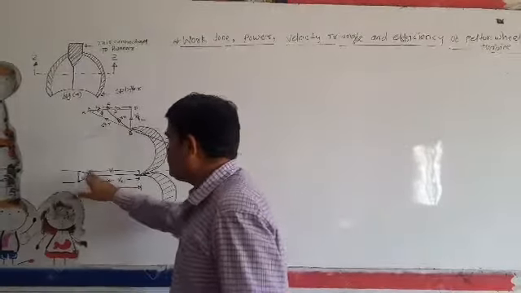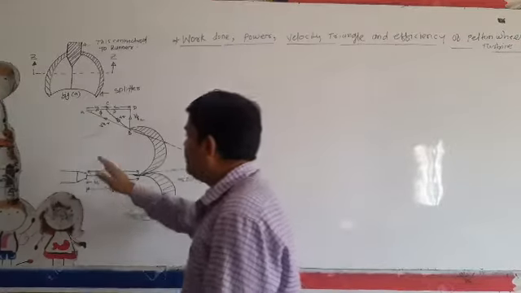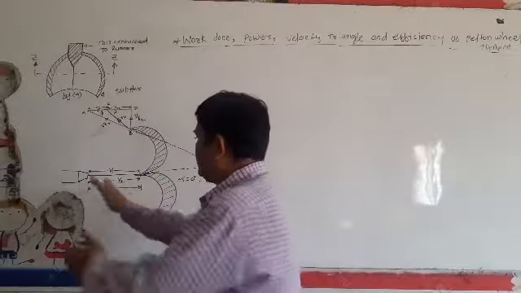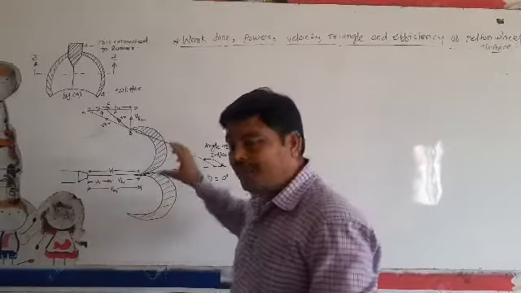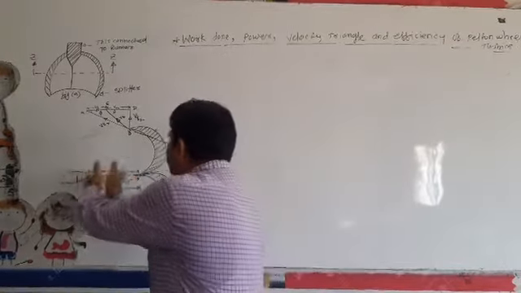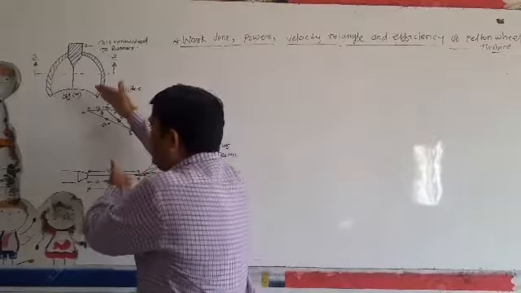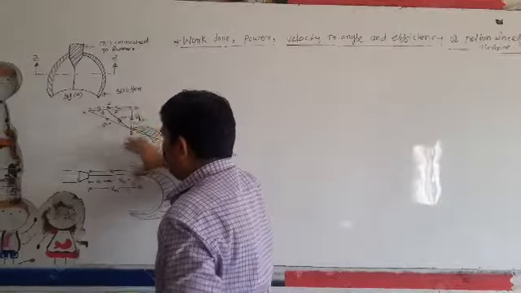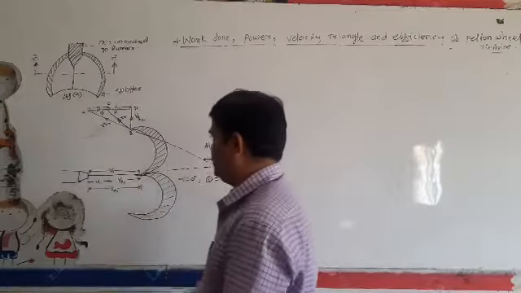Suppose the initial velocity of the impact jet is V1, and when this jet strikes the splitter, the velocity of the bucket or vane is u1. After that it strikes the splitter and goes out to the outer edge, and we have to draw the outlet velocity triangle here.